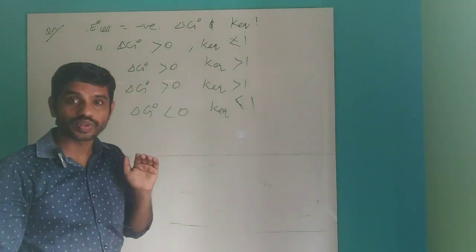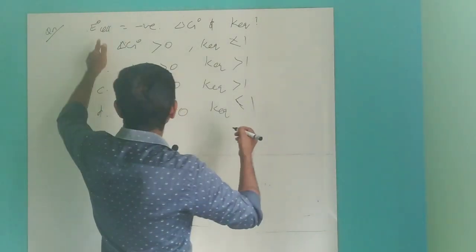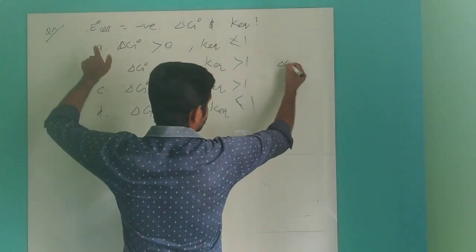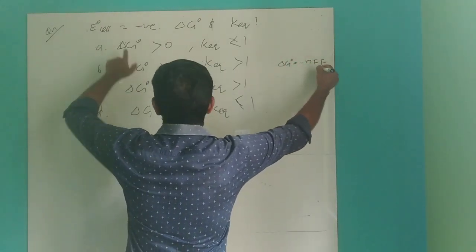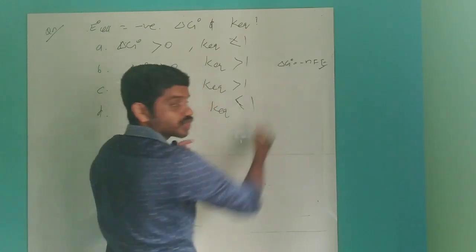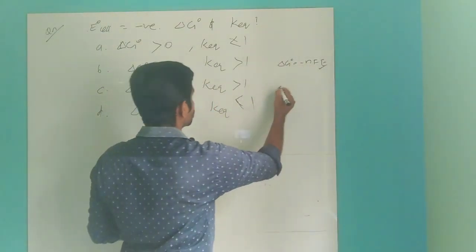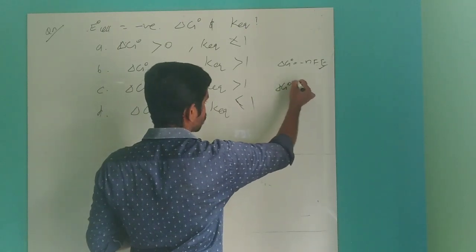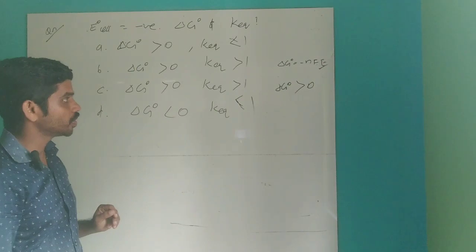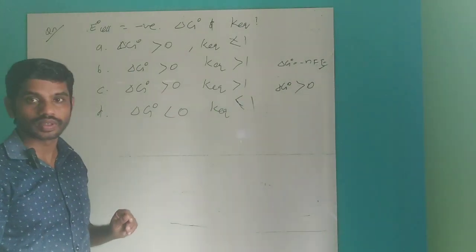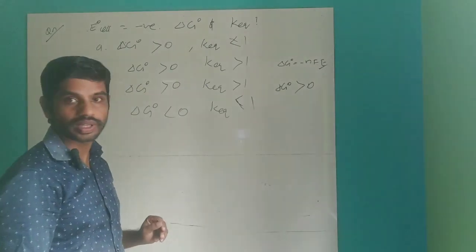E0 cell is negative. So what is our condition? Delta G0 is equal to minus nFE0. So this is negative, meaning negative into negative, so delta G0 will be positive. That means delta G0 will be higher than 0. Then what is the relation with the equilibrium constant?